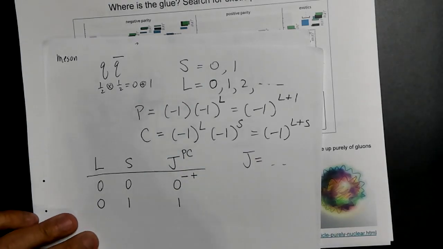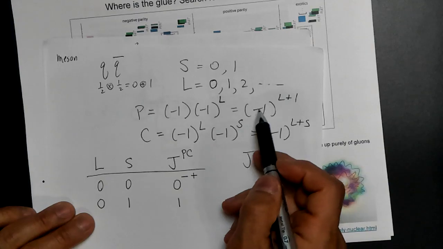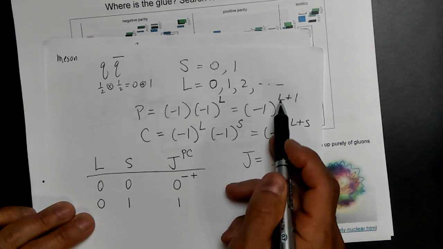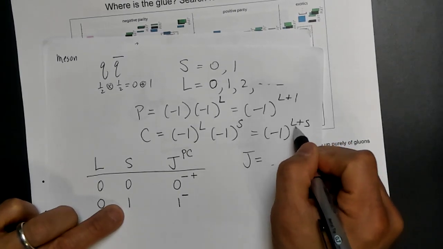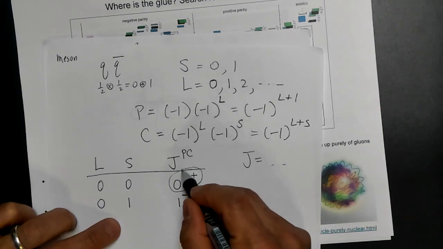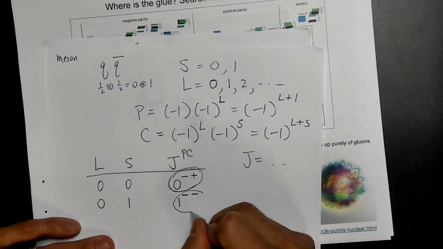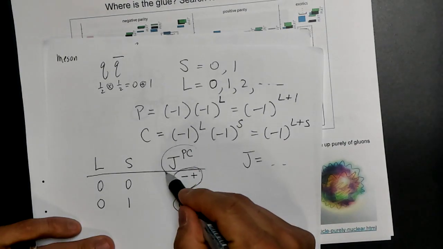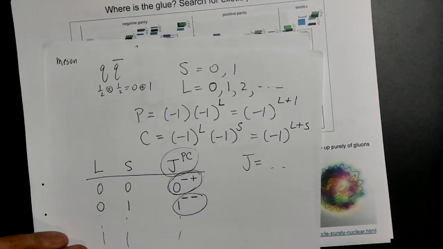Now the parity will again be (-1)^(L+1), L equals 0, so I get minus. And then S here is 1 and L equals 0, so I get minus for charge conjugation. So there's a prediction here that in the quark model we can see a 0^(-+) and a 1^(--) for these so-called J^PC values, and then we can continue on with the higher angular momentum.